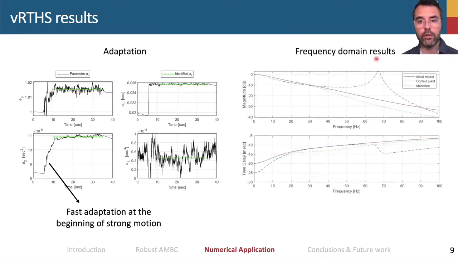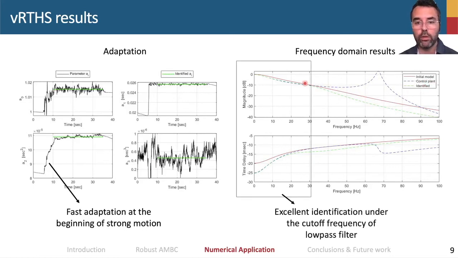Regarding the results in the frequency domain, we can see that the initial model that does not consider any specimen interaction, which is this red curve over here, after the adaptation will yield results that are basically the same as the plant that has been identified up to the region of 30 Hertz, which is the cutoff frequency of the low-pass filter we consider in the framework.